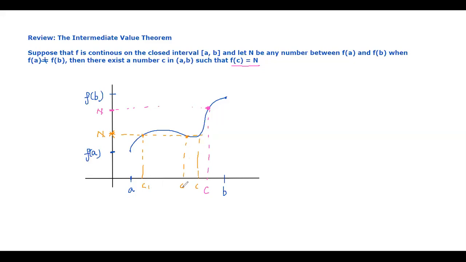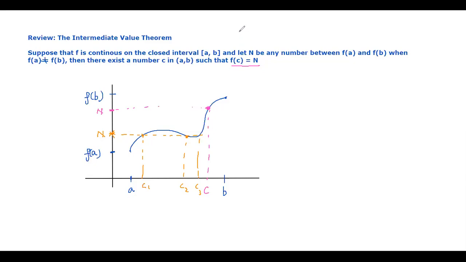So it's c1, c2, c3. You can find at least one c. In this case, you can find 3 different c's, all inside this interval, and each gives you this number. That's the graphical meaning of the intermediate value theorem.